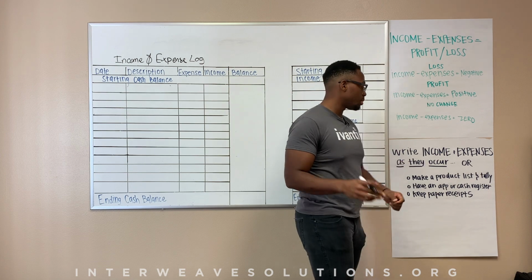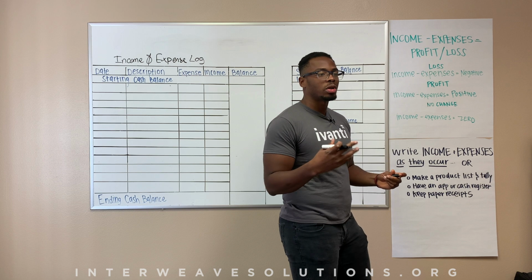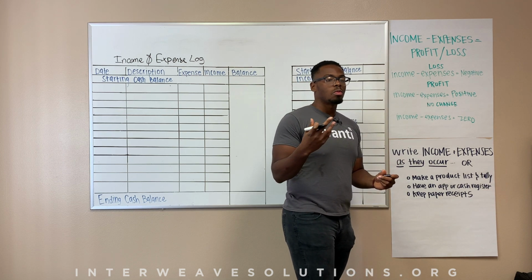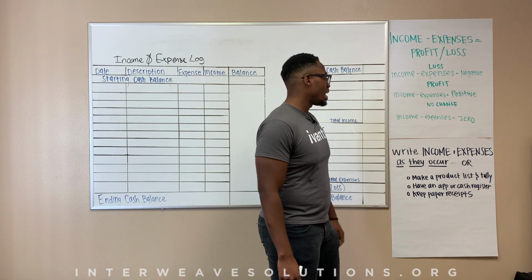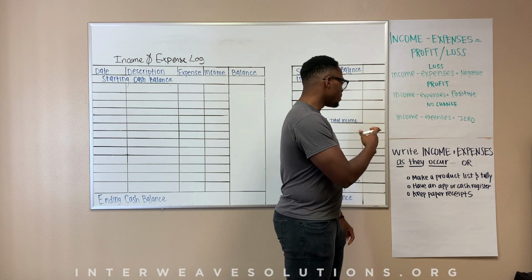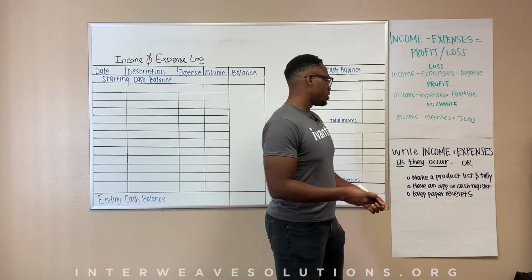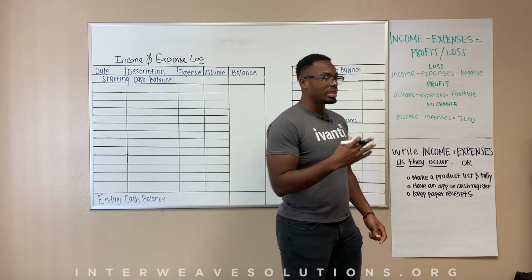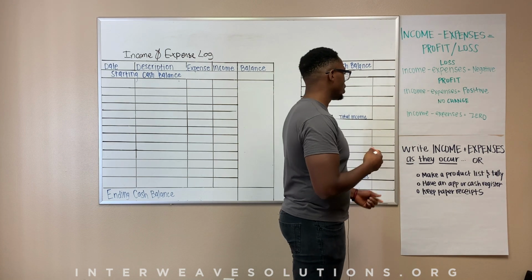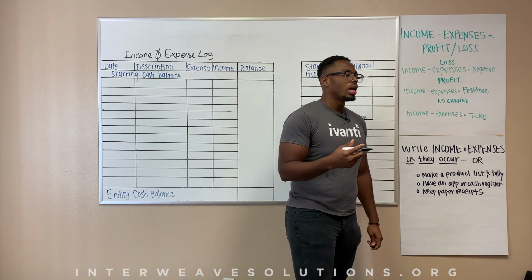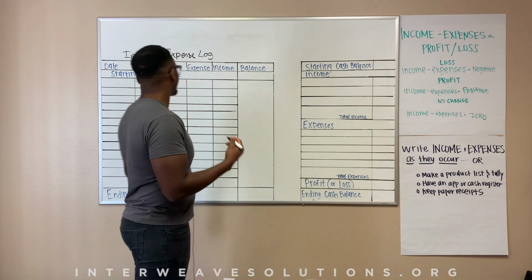And if you have a more extensive business with more advanced technology, you can have an app or a cash register that keeps track of it, or you can just keep paper receipts, which at the end of the day you tally up and know where your business is going exactly. So ideally, we should use the income and expense log as they occur. And that's pretty much what I'm going to be explaining in detail here.